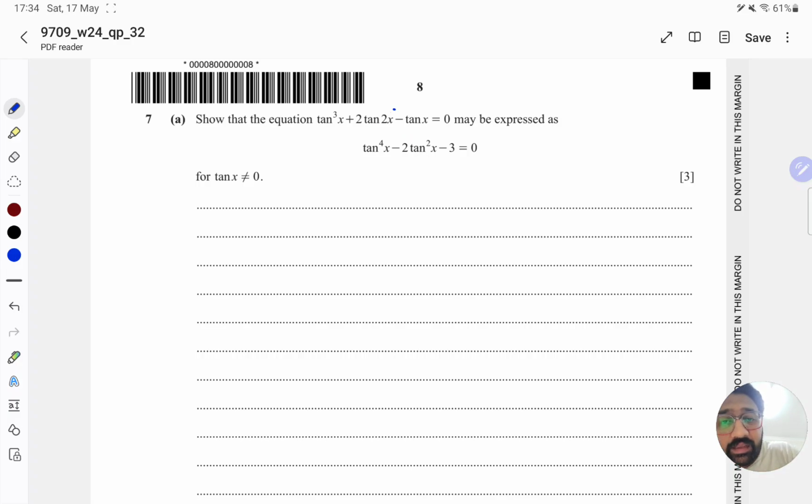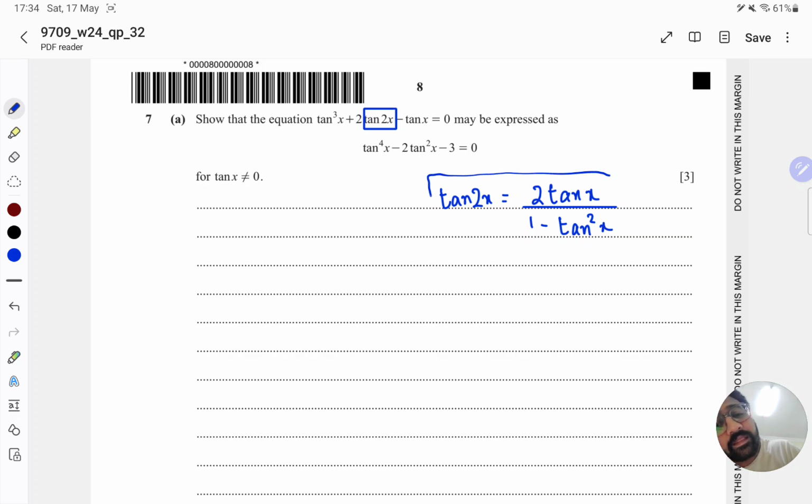There is a very clear indication that we need to convert this tan 2x into a simple tan. So we know from the data booklet that tan 2x is equal to 2 tan x divided by 1 minus tan square x.